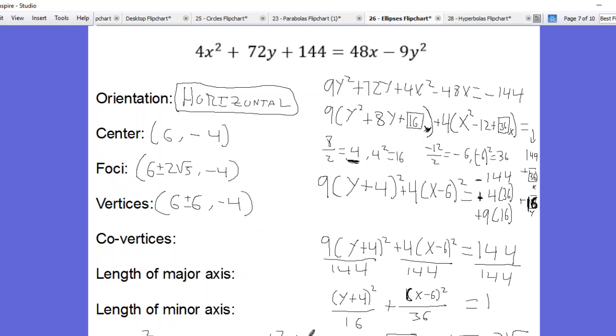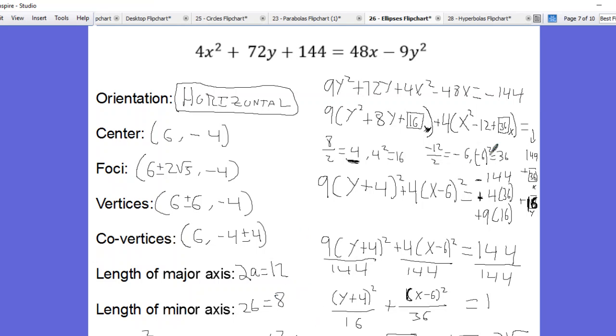Our co-vertices, B is 4, so that's going to be 6, -4 plus or minus 4. The length of our major axis, which is 2A, that's going to be equal to, 2A is 12, right? 2 times 6 is 12, and our minor axis is 2B, 2 times 4 is 8.